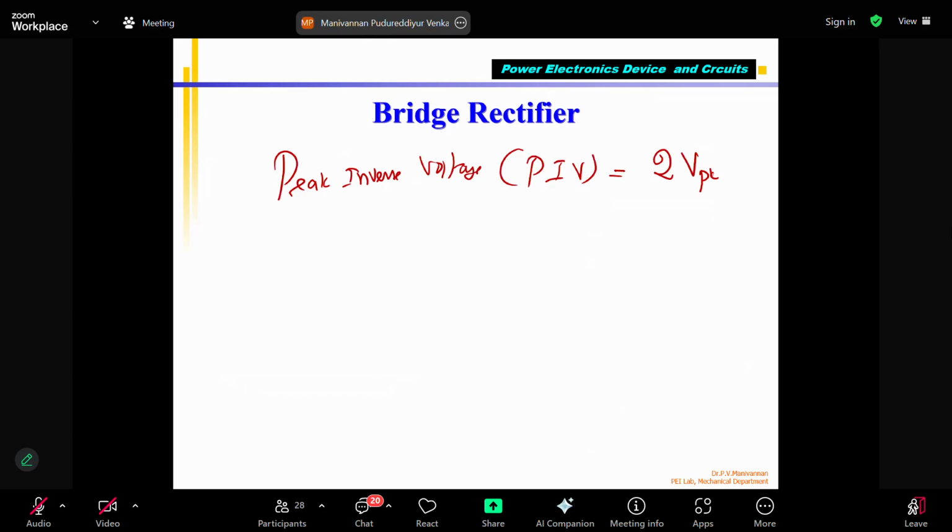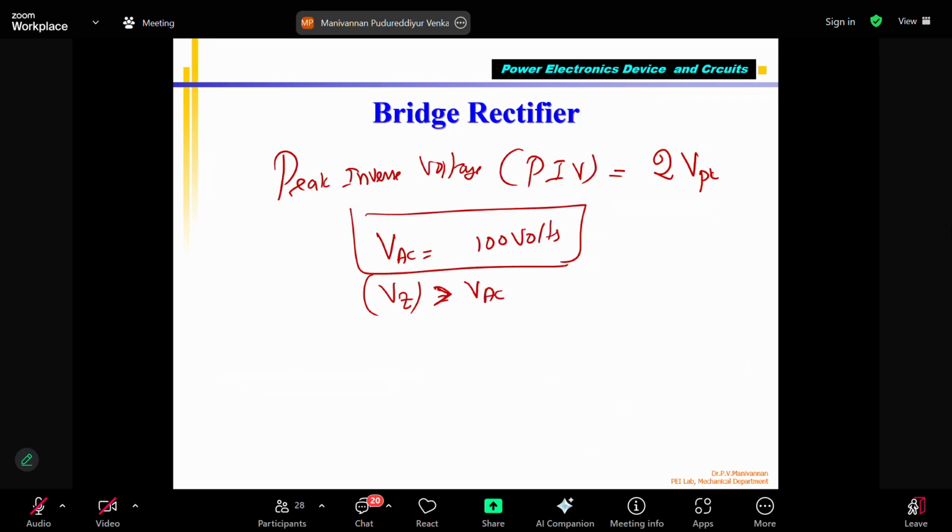Most of the diodes, if the diode manufacturer says that a VAC of, for example, 100 volts can be applied, that means the Zener voltage of the particular diode will be greater than the VAC which is applied.